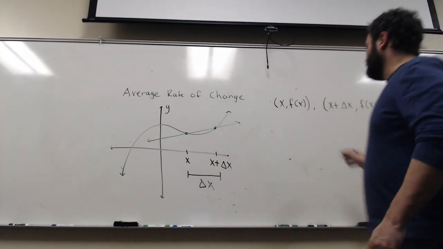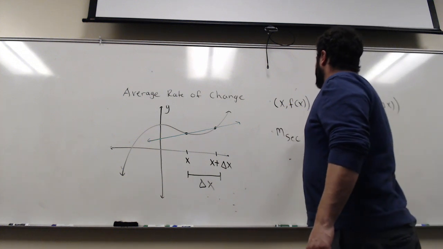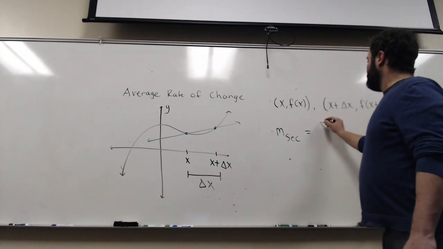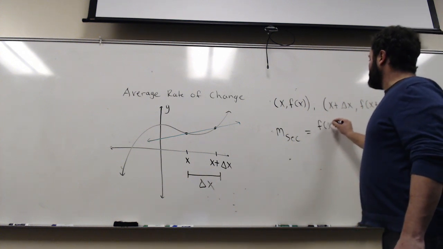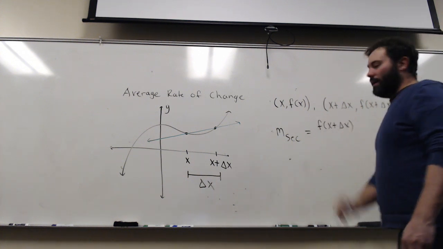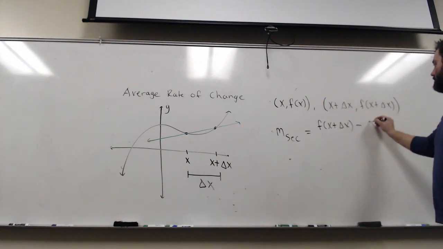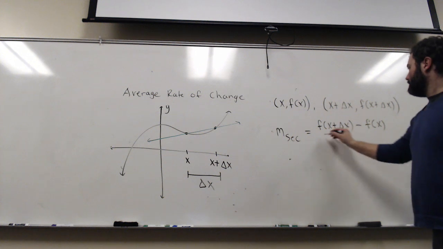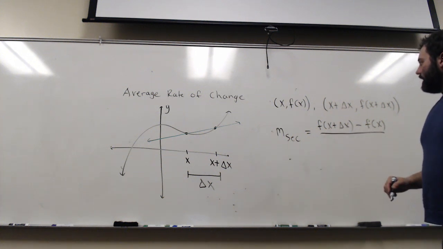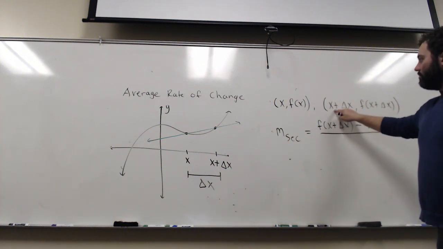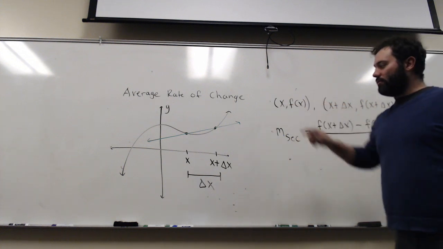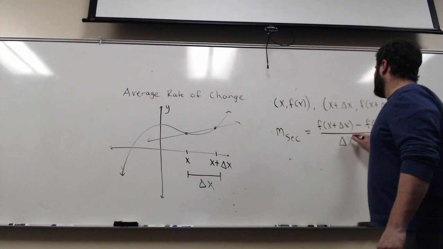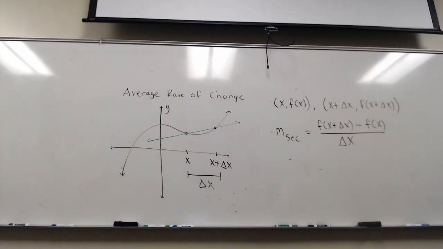Now if I do the slope of the secant line, it's going to be the difference in y coordinates: f of x plus delta x minus the y coordinate of the first point, f of x. And in the denominator you're going to have x plus delta x minus x, which is ultimately just this distance right here. So you're just dividing by the change in x.